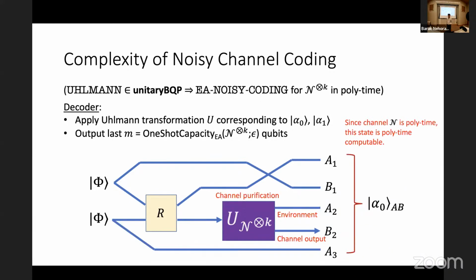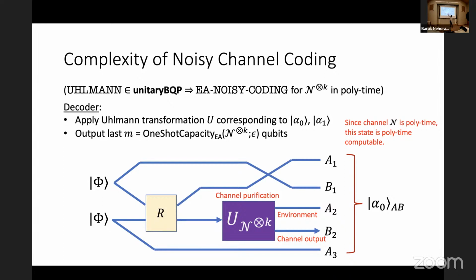So what is this alpha 0, alpha 1? This is something that occurs in the heads of the parties. This is not actually what's happening in the real protocol, but we're describing circuits to compute these states. So alpha 0, the first state, is going to be two entangled states, phi, and it's going to apply the same random circuit R to the halves of them, and reroute it through what's called a channel purification.